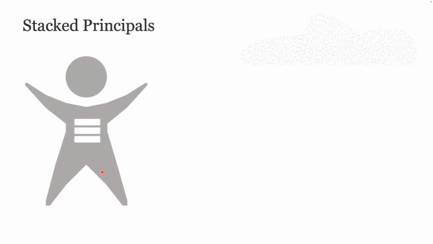Then we have the second pattern, stack principal, where you can think of someone who has a birth certificate and now can get a passport. Here the passport represents the ability to interact with other resources and perform actions. So think of it like having the necessary permissions and credentials to travel and take actions within OCI.